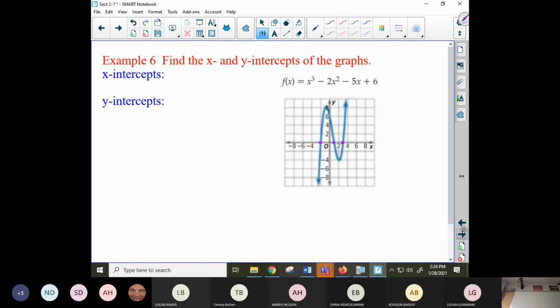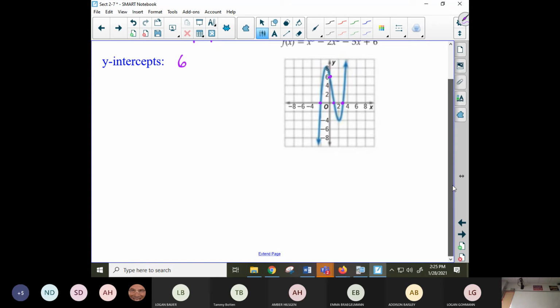Here we can just assume it's at a whole number. So you see how this is between 0 and -4? So where would that one be at? -2. And then this one is between 0 and 2, so it'd be at 1. And this one's between 2 and 4, so at 3. And our y-intercept, what do you think that's at? 6. Good. That's all you have to do for this. Okay? So that's fast.